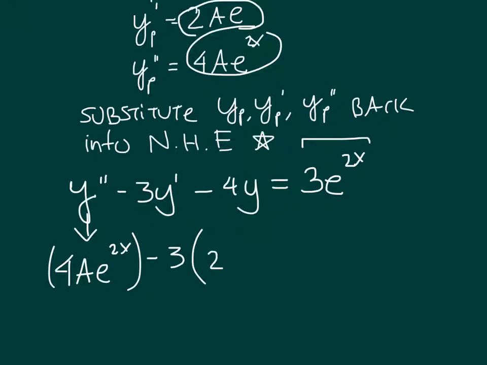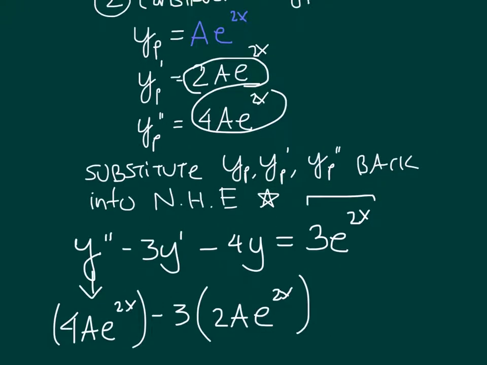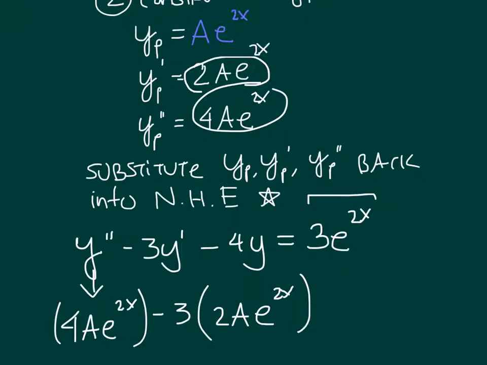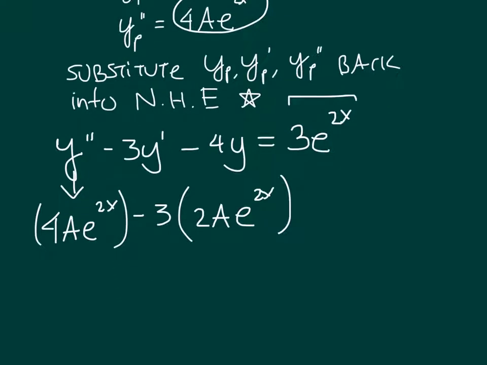And so I have 2a e to the 2x, which includes that 2x. And then, of course, y sub p is what we constructed, a e to the 2x. So we have minus 4 times a e to the 2x.